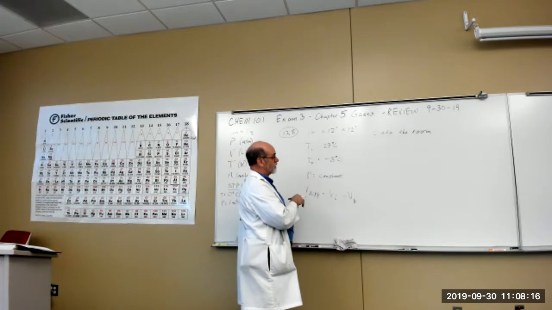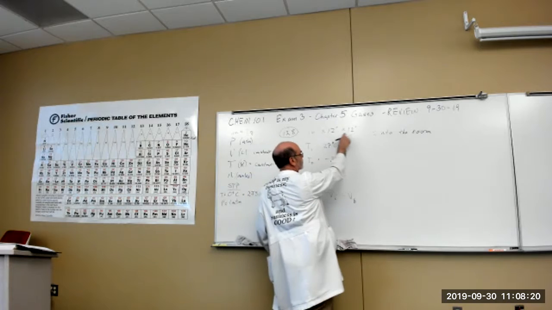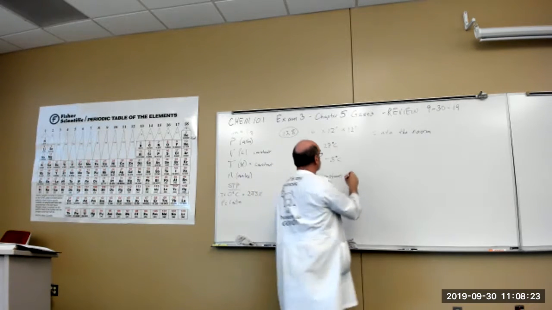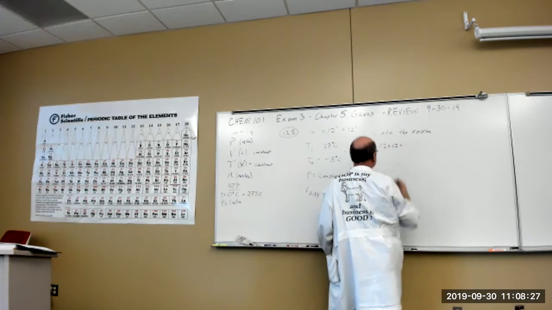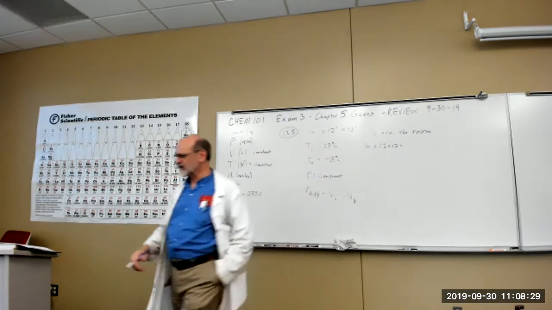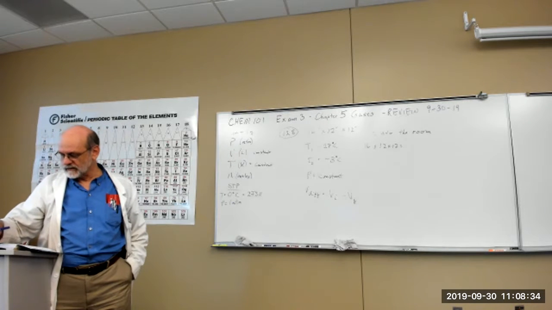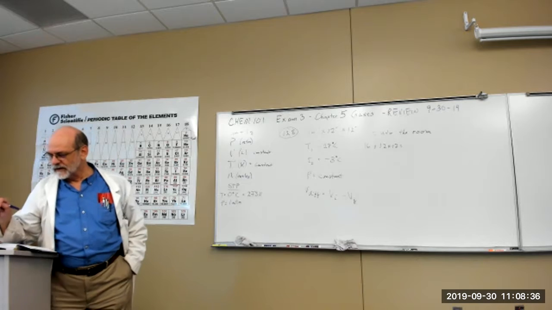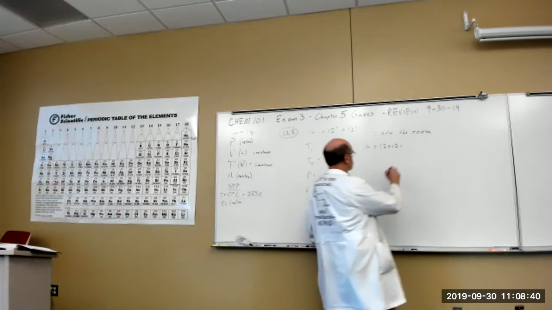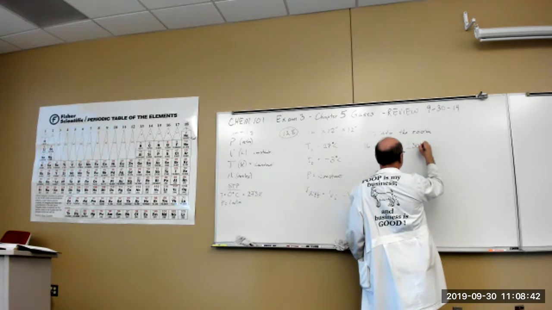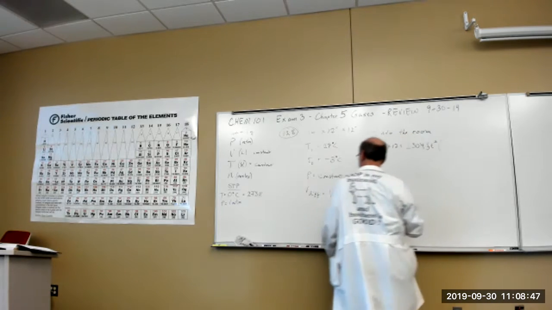So what's the initial volume? Right there. 16 times 12 times 12 equals 144 times 16. I remember my multiplication tables. 2,304 cubic feet.